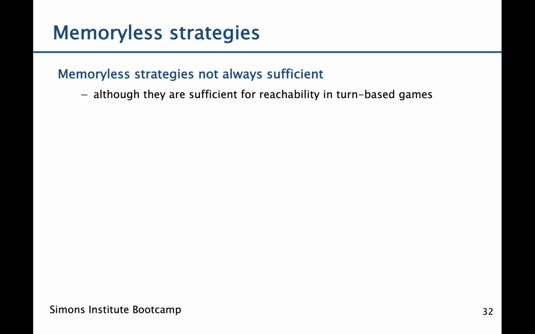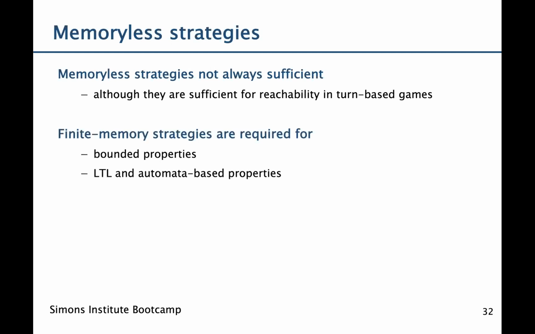Just to add at this point that memoryless strategies are not always sufficient. For example, although they are sufficient for reachability in turn-based games, we actually need finite memory strategies when we consider bounded properties. Why do we need it here?